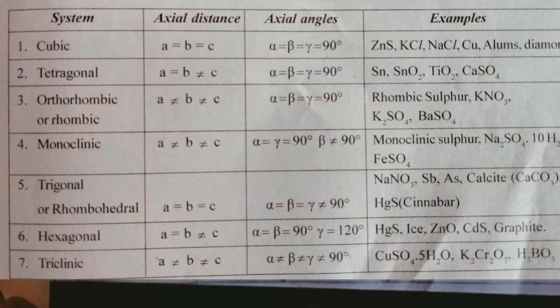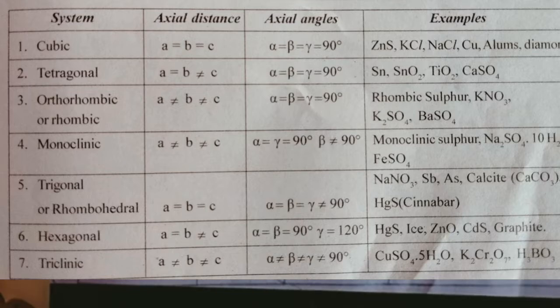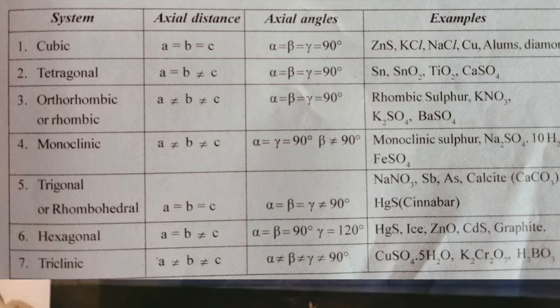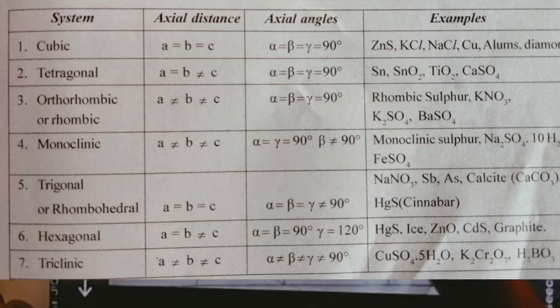In the case of tetragonal, two axes are the same, but the three axial angles are 90 degrees. The examples are Sn, SnO2, TiO2, CaSO4. In the case of orthorhombic and monoclinic, the axial distances are not equal. Note the examples also.